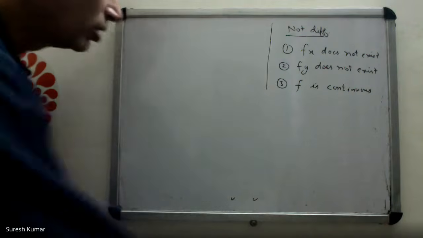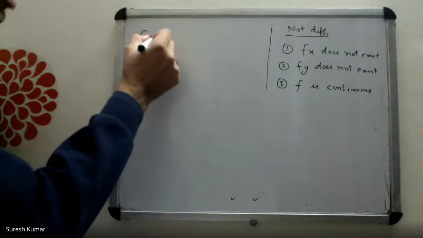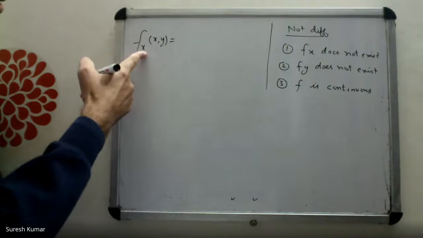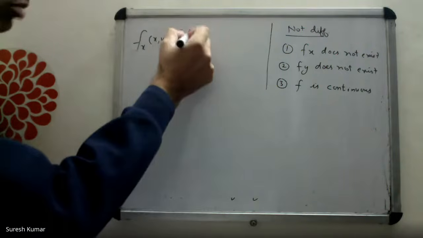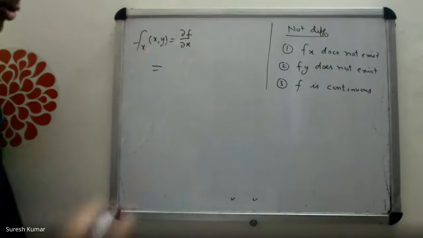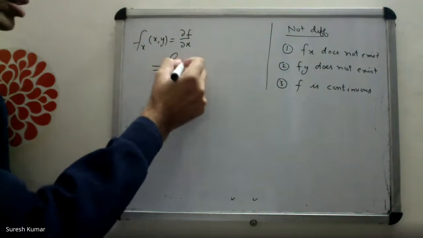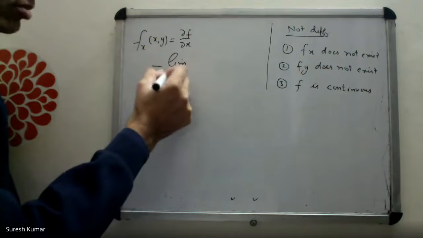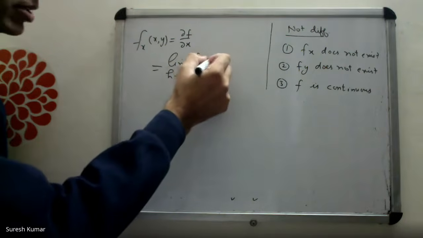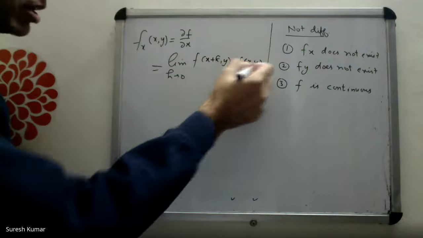Now recall the partial derivative definitions. Partial derivative with respect to x denoted by f subscript x or partial f over partial x. Any of these two symbols can be used. What is it? Recall the limit definition. Limit h tending to 0, f(x plus h, y) minus f(x, y) divided by h.